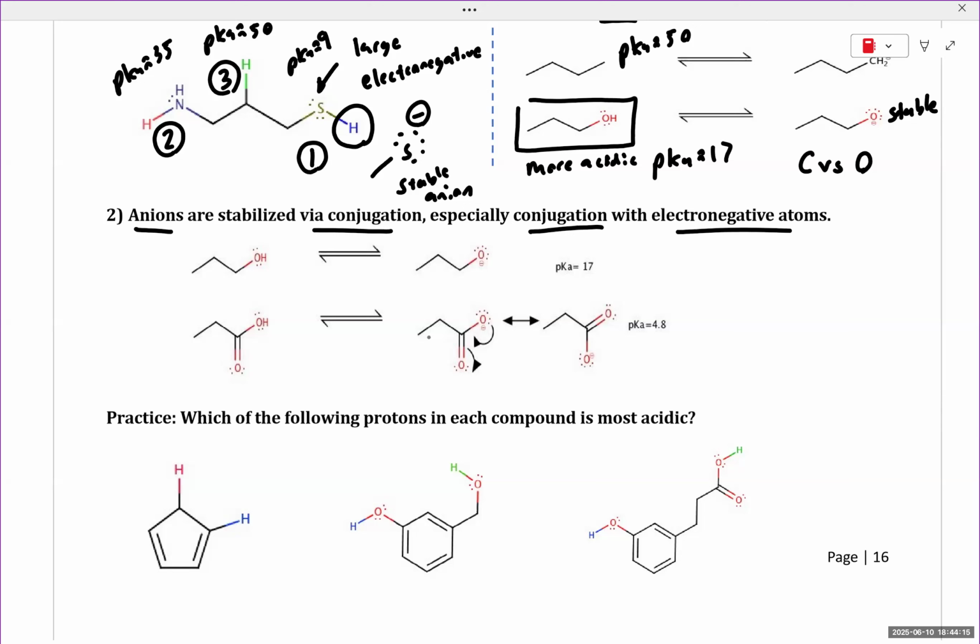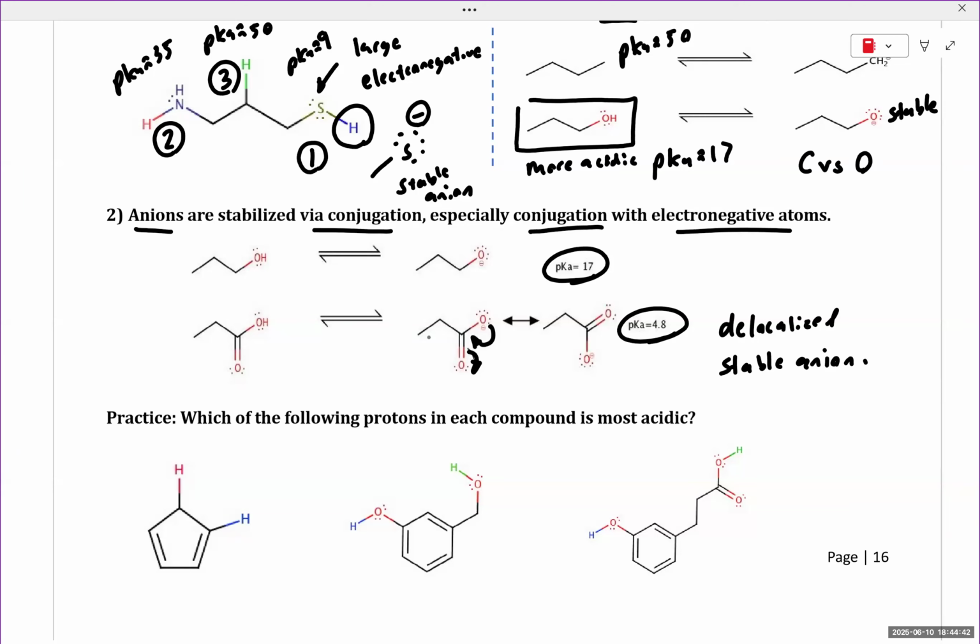For example, if we compare an alcohol versus a carboxylic acid, an alcohol has a pKa of 17, while a carboxylic acid has a pKa of closer to 4 to 5. The reason being is that the anion generated from the carboxylic acid can be delocalized. This is a delocalized and stable anion.